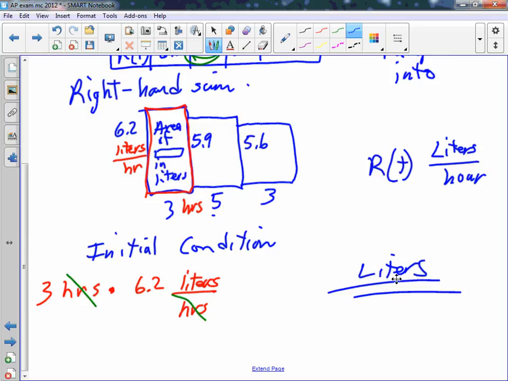What a happy day. So then the initial condition is important because we're trying to get liters, and the initial condition said a tank contains 50 liters of oil at time t equals 4, which was at the beginning. I need another color.